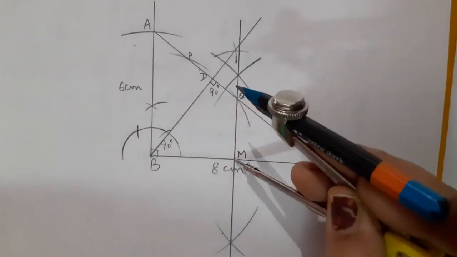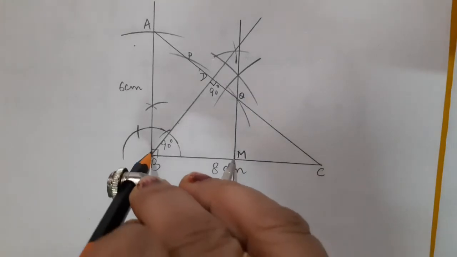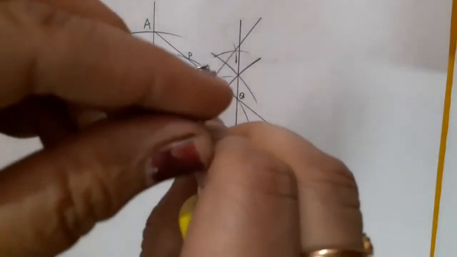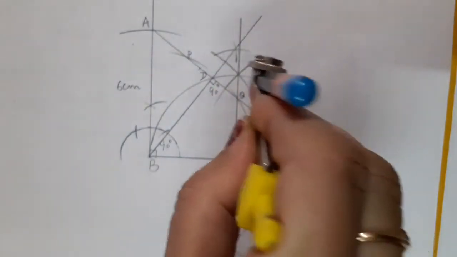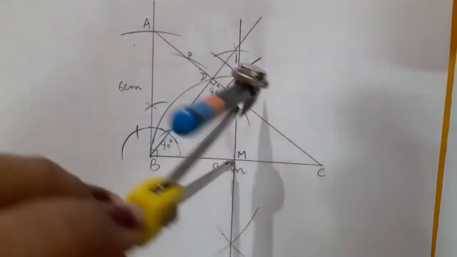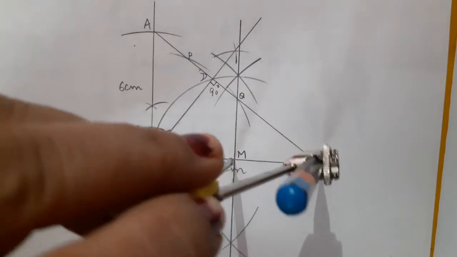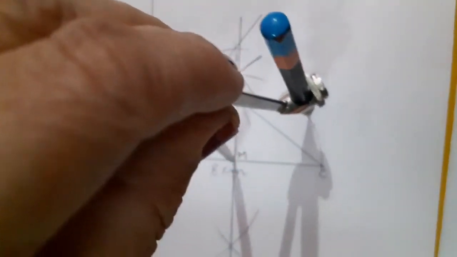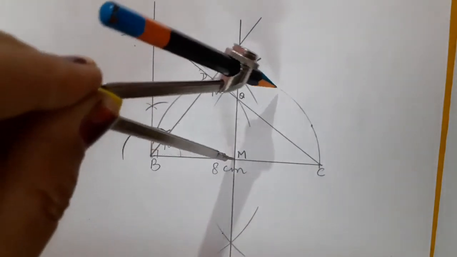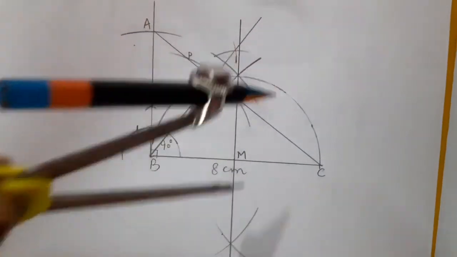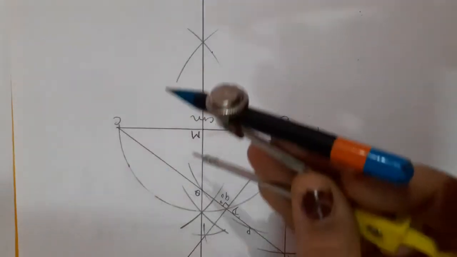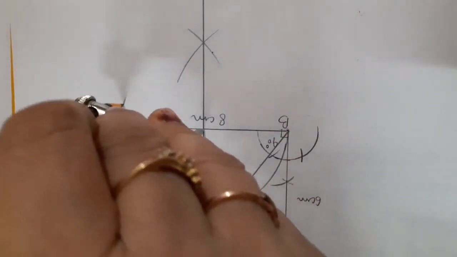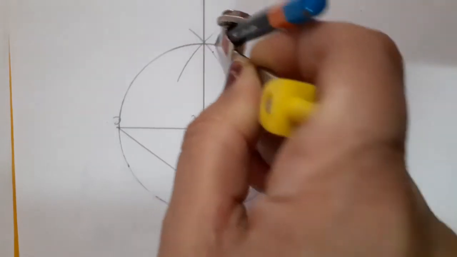So while taking M as center point, I am just going to draw one circle which would pass from point B, D and of course C as well. Semicircle is drawn. Now the next semicircle I am going to draw.